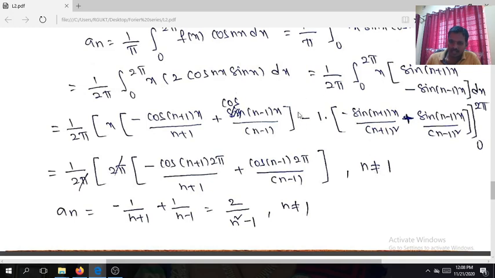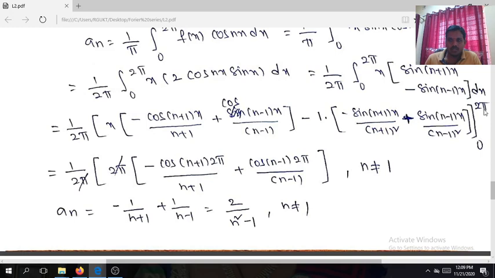Where we start n equals to 1 to infinity, but I don't take n equals to 1 for this a n. Just n not equals to 1 means n equals to 2 will start.